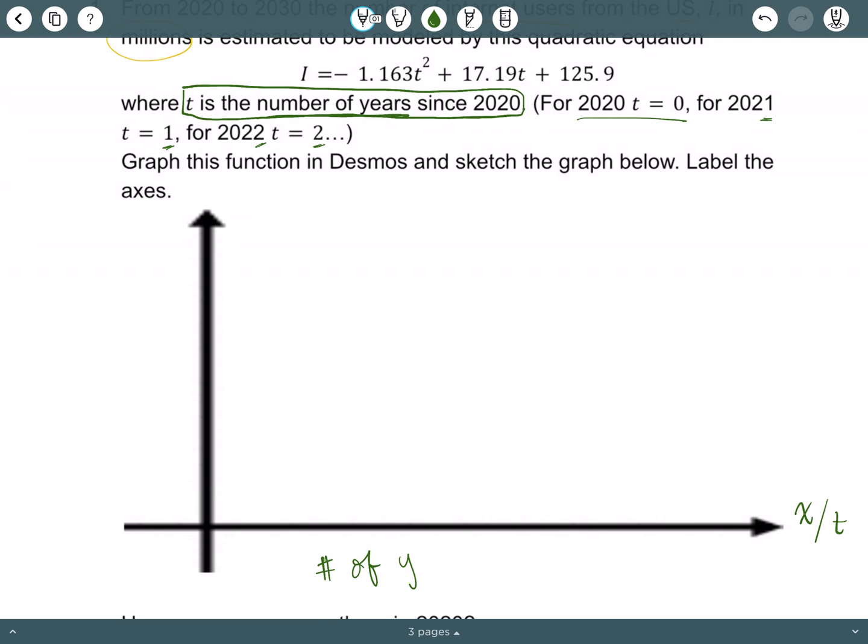Number of years since 2020. And then my output is my y value, or in this case, my I value. And it stands for internet users in millions.